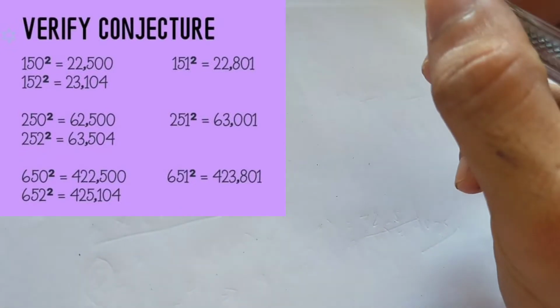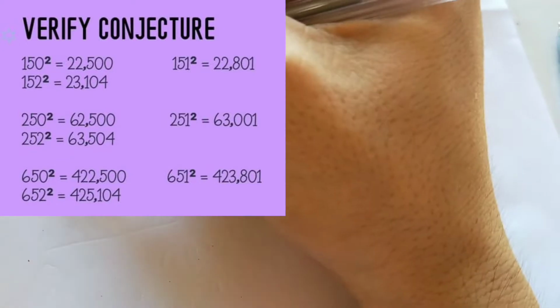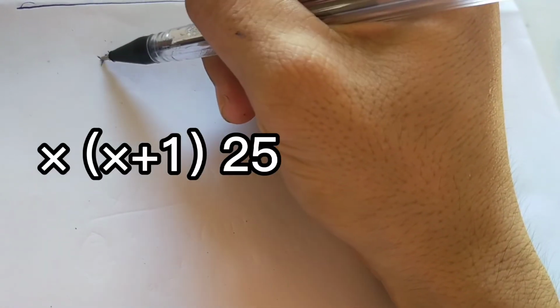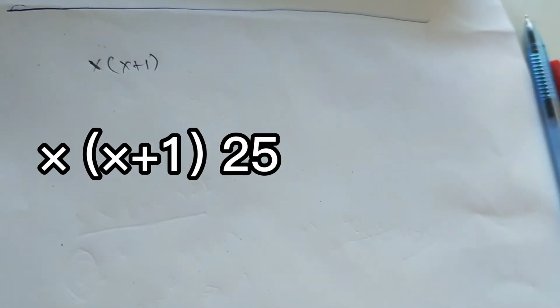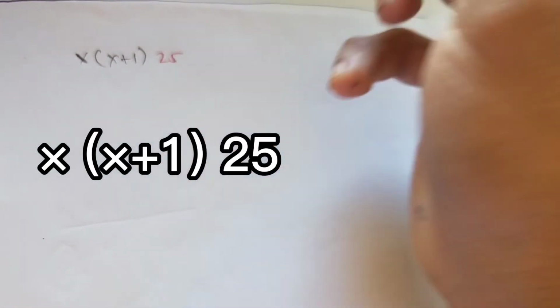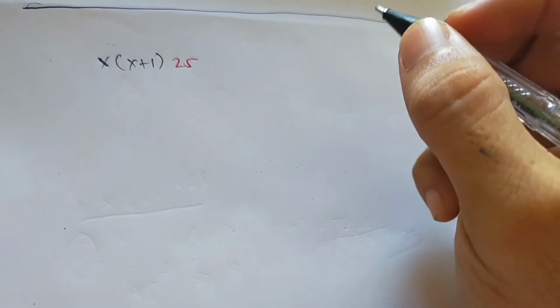So to verify our conjecture, we have to find the process. So before, the process is x times x plus 1, and then you have to tack 25 in the end. So let's see if it works with numbers with the middle number 5.